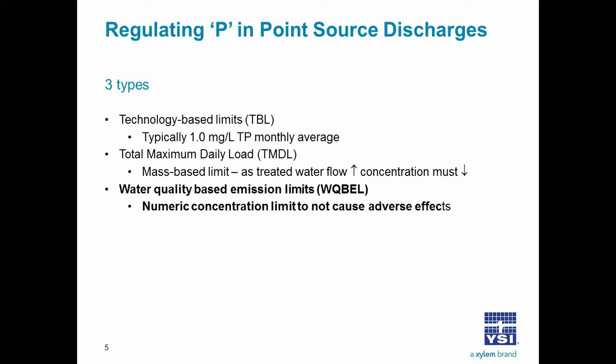So if we look at the status of numeric nutrient criteria in the 50 states, the current status depicted here, the states in white have no N or P criteria. The states in light blue have some waters with N or P criteria, and then as the blue gets darker, more water types with more criteria, up to the level purple.